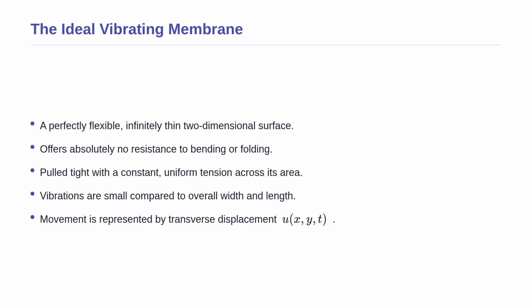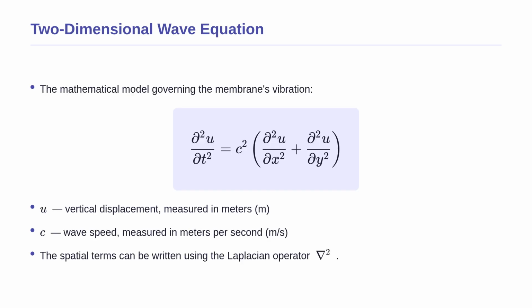It offers absolutely no resistance to bending, only to stretching. We assume it is pulled tight with a constant, uniform tension across its entire area. Finally, we assume the vibrations are very small compared to the size of the membrane, moving only slightly up and down.